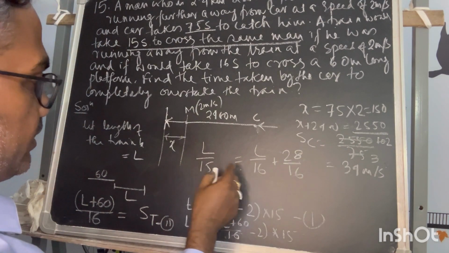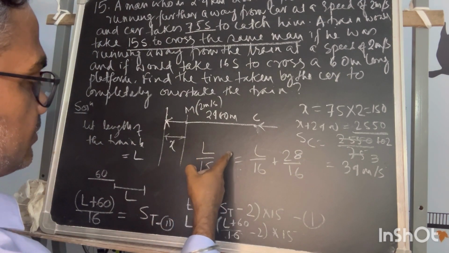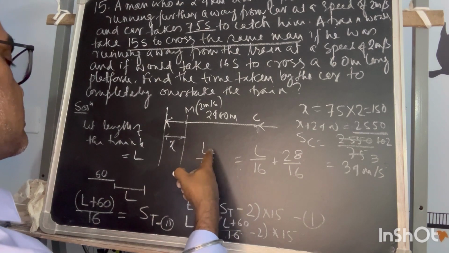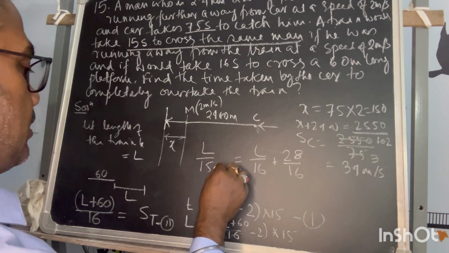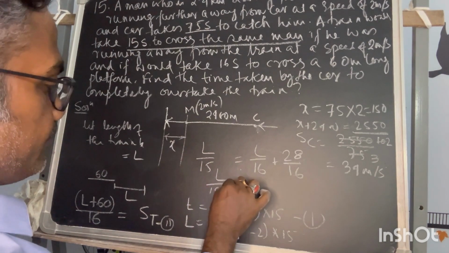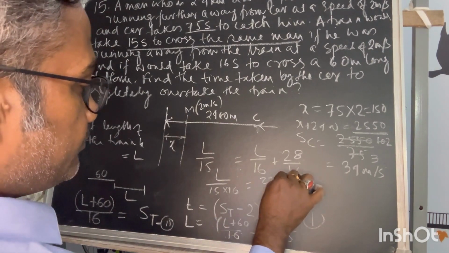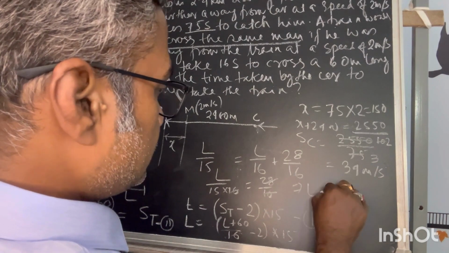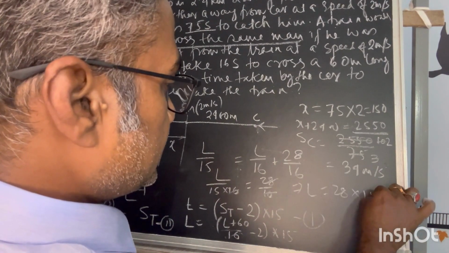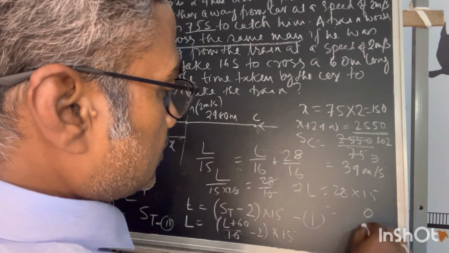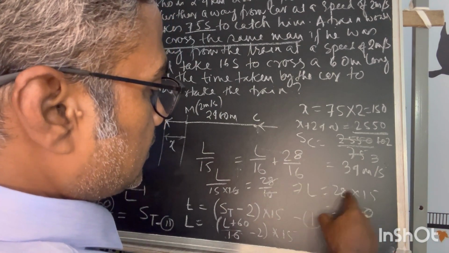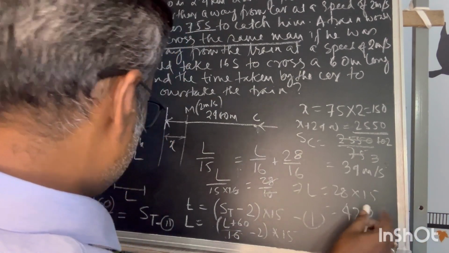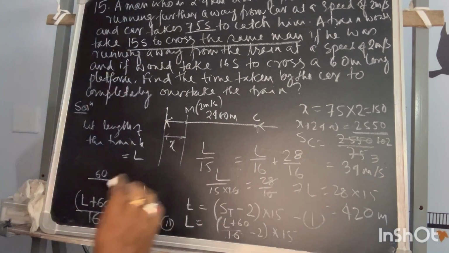So if I take it this side, this will be L upon 15 into 16. So this is equal to 28 by 16. So 16, 16 cancelled out. So L is equal to 28 into 15, that means 420. This will be the length in meters of the train.